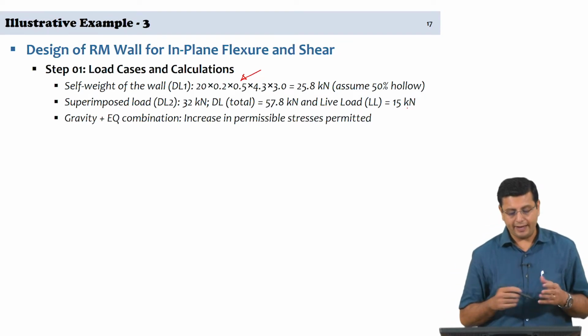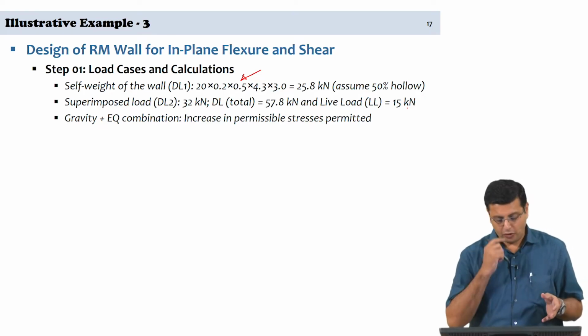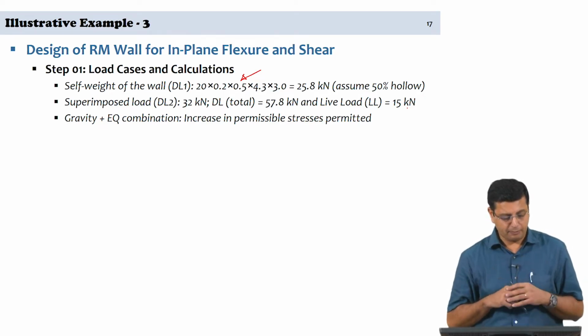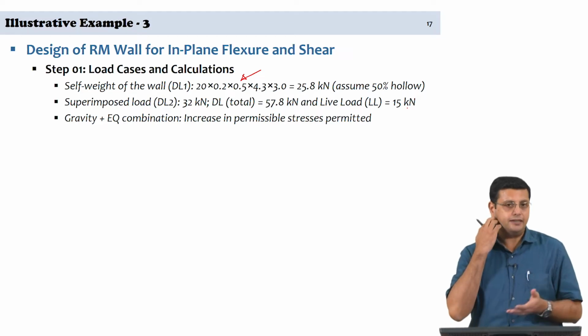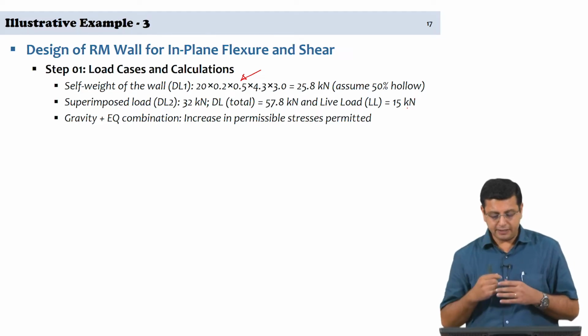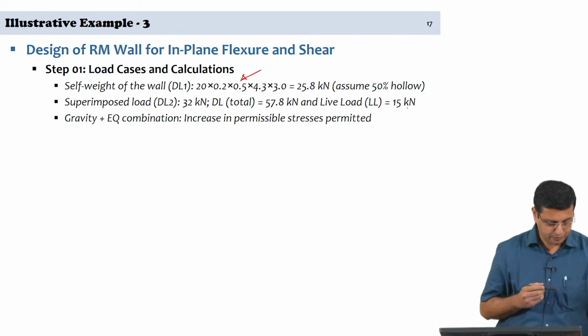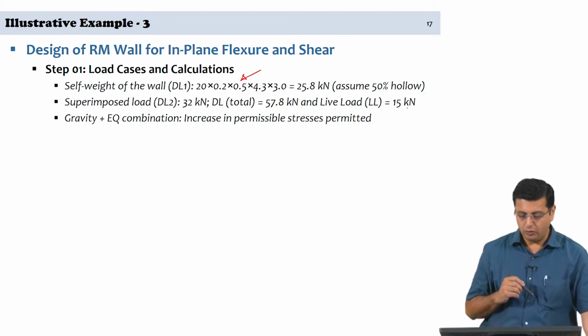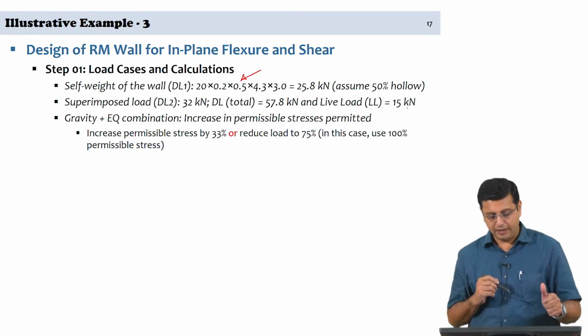We are looking at seismic design, and therefore, we are going to be looking at an earthquake plus gravity load combination, and under this combination an increase in permissible stresses is permitted. So, you should be looking at how permissible stresses can be increased.